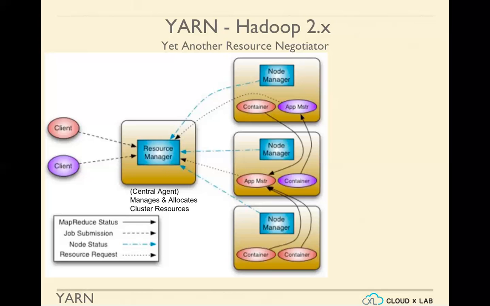Container is like a Java virtual machine, which is running there. Container is like a process which is running and getting your work done. Container enforces the boundaries so that the program cannot misbehave.